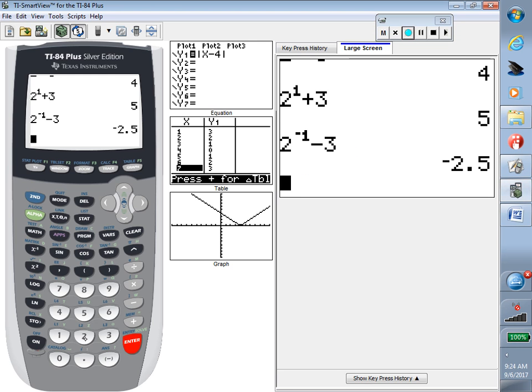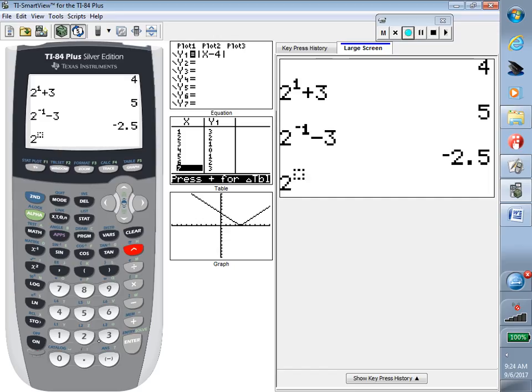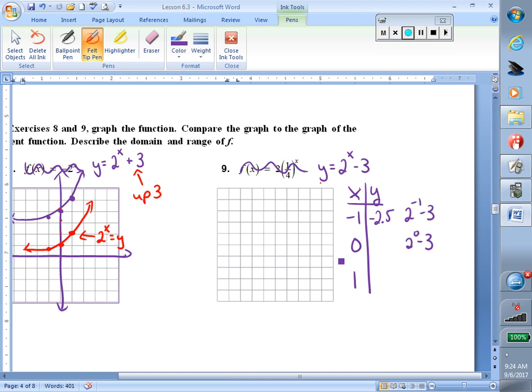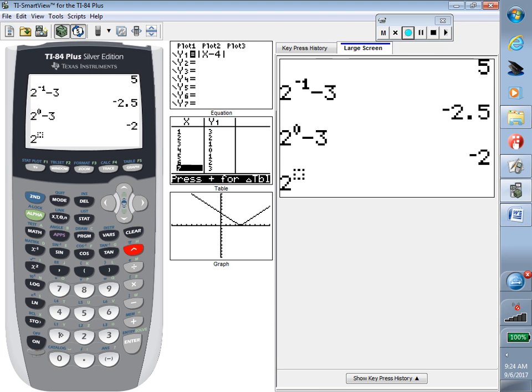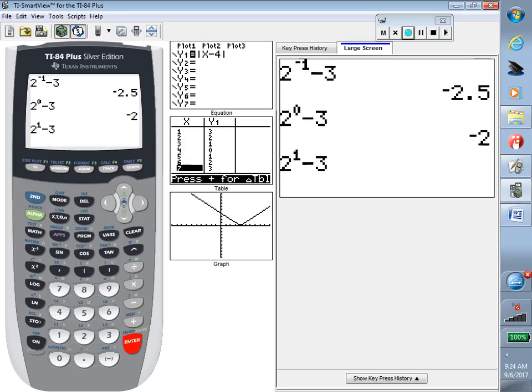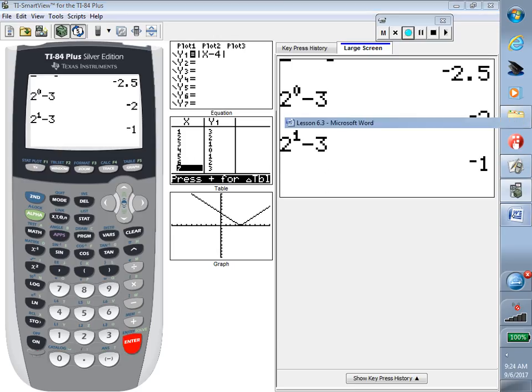2 to the 0 minus 3, we get negative 2, 2 to the first minus 3, and I come up with negative 1.